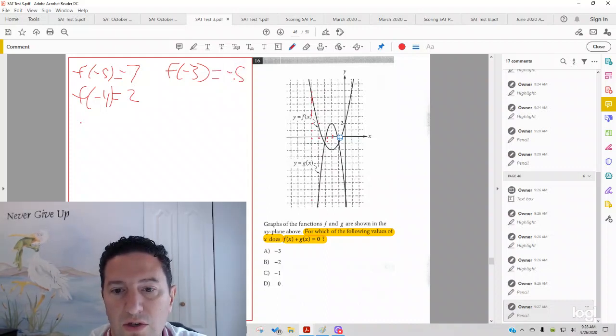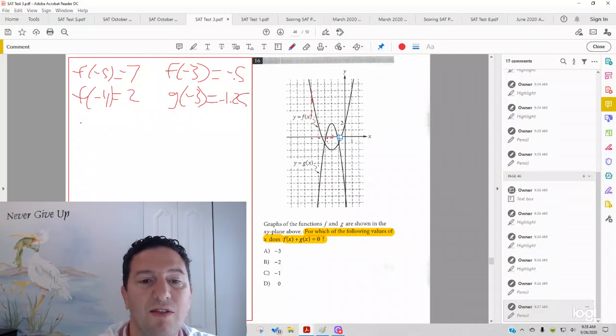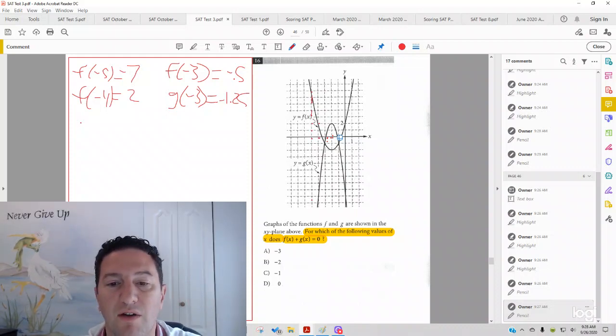And if we go to g of negative 3, it's right around there as well. It's about negative 1.25. Now when I add those up, I get negative 1.75, so that's not going to be my answer.